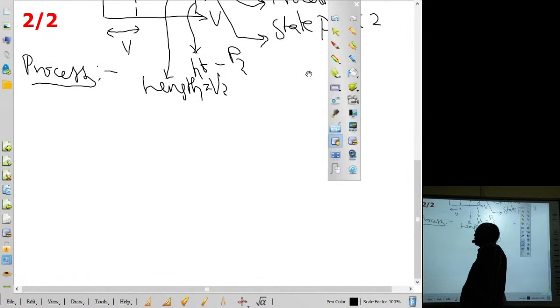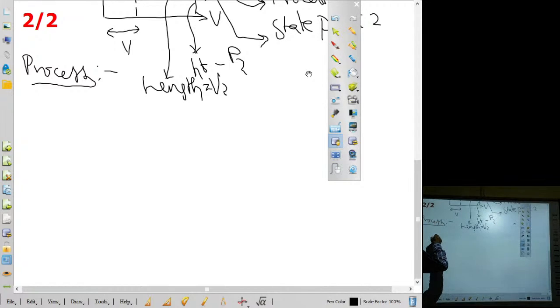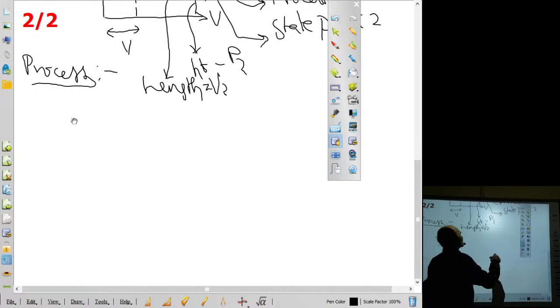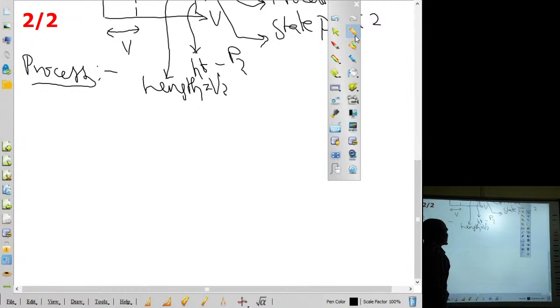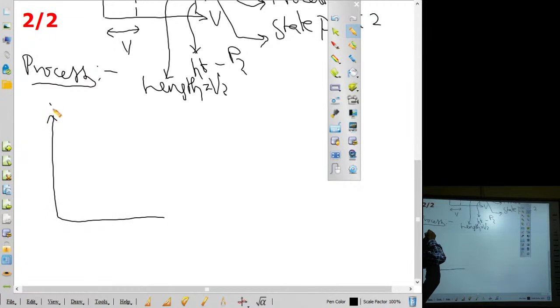Let us see. Just now we have seen that process means some change. And that process in the PV diagram, we have shown by the line 1, 2. It can be a straight line, it can be a curved line, it can also be curved upwards, depending upon the relationship between pressure and volume.